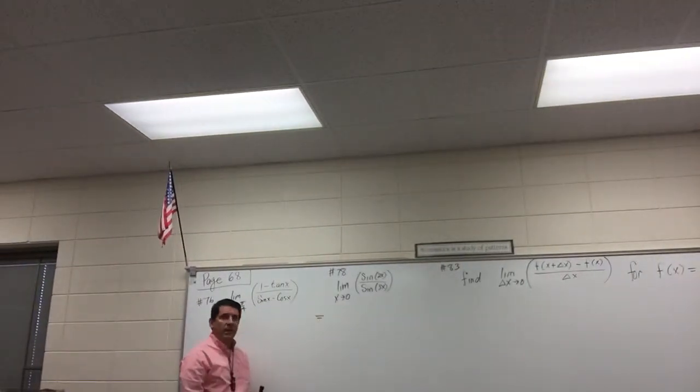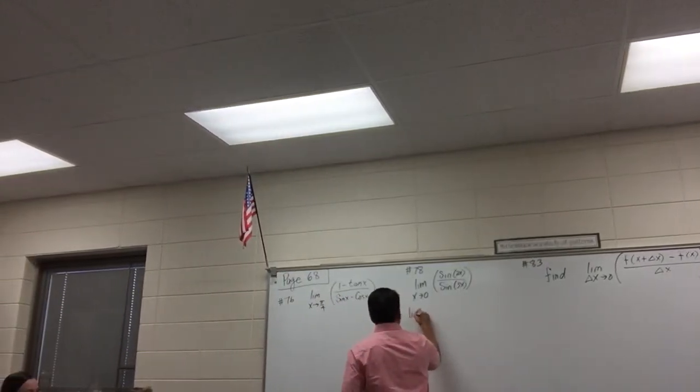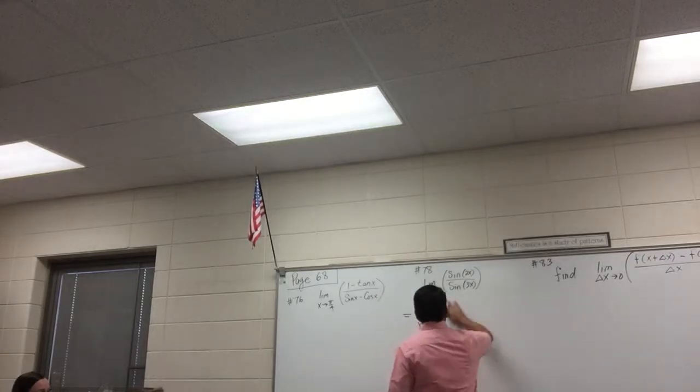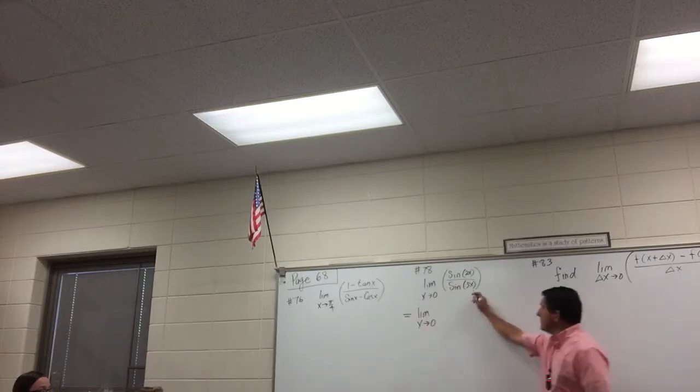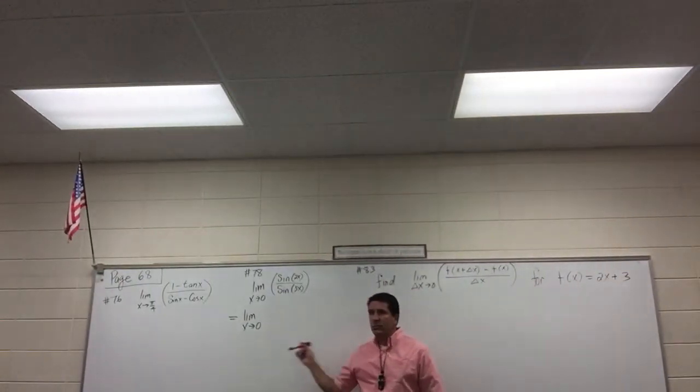This whole thing is about algebra and rewriting, so I'm going to try to rewrite this one. Limit as x approaches 0. What I do see is the sine of 2x over the sine of 3x. Now, can I pull out the 2 and the 3?